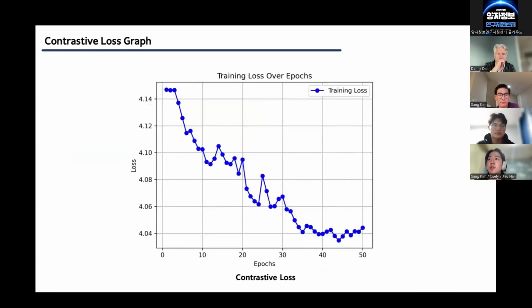In this graph, we can observe the contrastive loss decreasing steadily throughout training. This indicates that the model is learning to group similar classes closer and separate different classes more effectively in the feature space, which confirms that the contrastive learning process is working as intended.